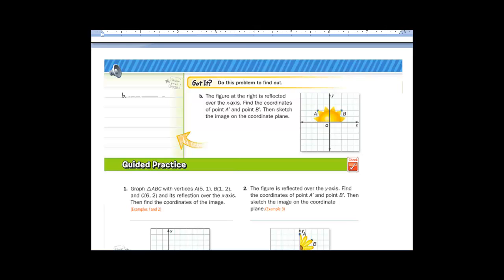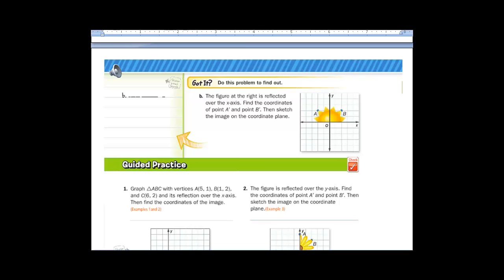So whenever we're talking about this, we are talking about the y values that are changing because it's the x-axis. So the new point A prime, right here. B prime, right here. Okay, you don't have to worry about sketching the sun all the way out there. Just as long as you know those reflected pieces, that is fine for me.